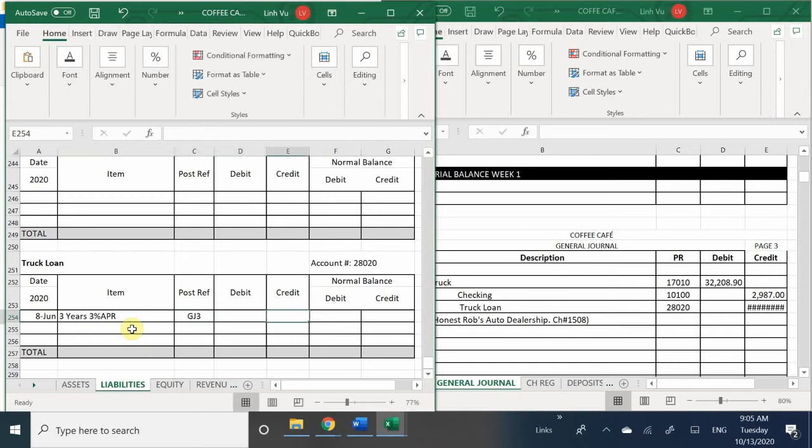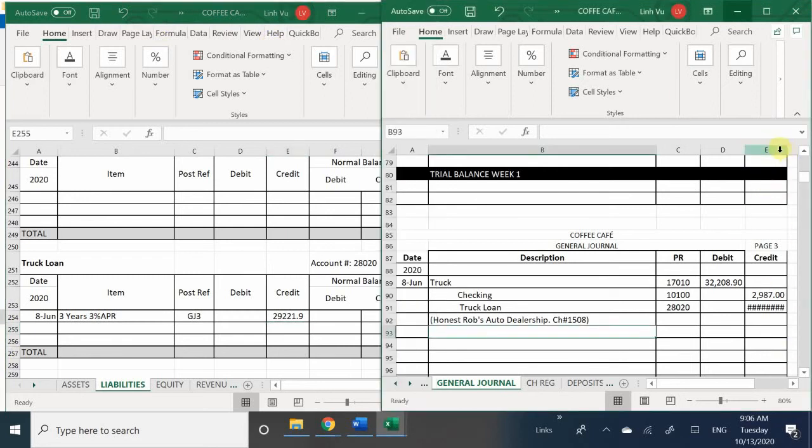And it's a credit that we need to place in here. So 29,208.90. Actually, not 208. It's 29,221.90. All right, there you go.